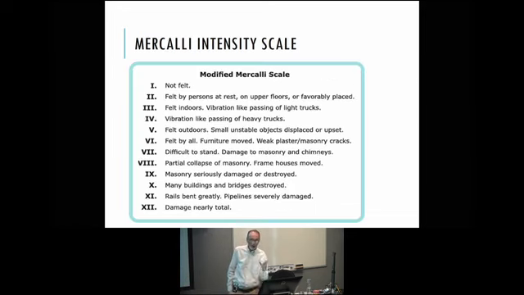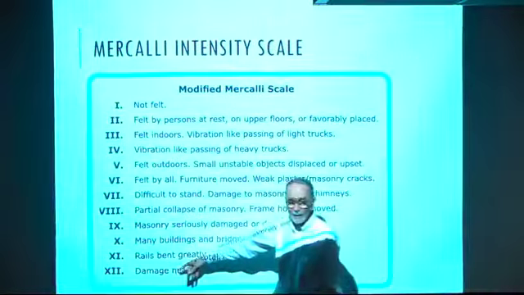All right, the Mercalli. Remember I said there's 2 types of ways of measuring earthquakes. One's using the machine, the seismometer, and the other one's by talking to people. The Mercalli is the famous intensity scale, and instead of saying 1 to 10 Richter magnitude, we can go 1 to 12 Mercalli.